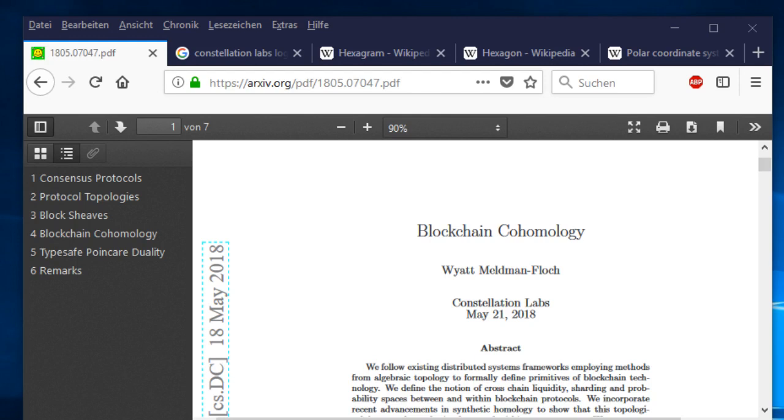So for some context, I have been reading into a project I found two weeks ago. There's a pretty, how do I say, special or unique kind of paper with a very modern math approach to blockchain and consensus stuff that I have been busy with in the last year.